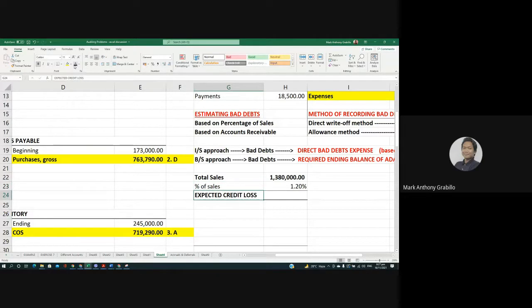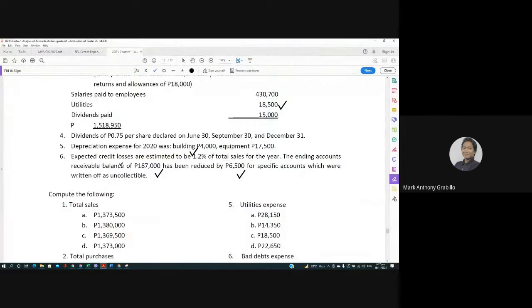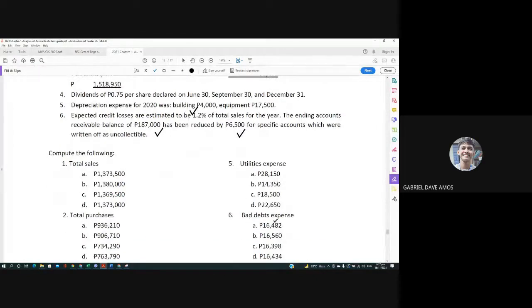Bad debts expense. So, ang ginamit natin is expected credit loss. Bakit? Kasi nakasulat dyan, expected credit loss. Pero, ang sabi naman dito, bad debts expense. So, any will do. Ayan yung binigay nung examiner. Remember, we cannot question the wisdom of the examiner. Kung nilagay niya dito expected credit losses, tapos hinahanap niya is bad debts expense, since pareho naman sila, we can follow this one.